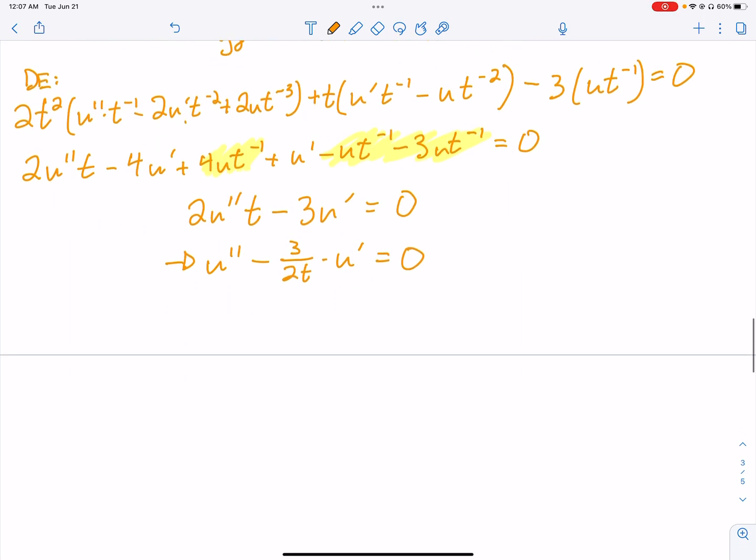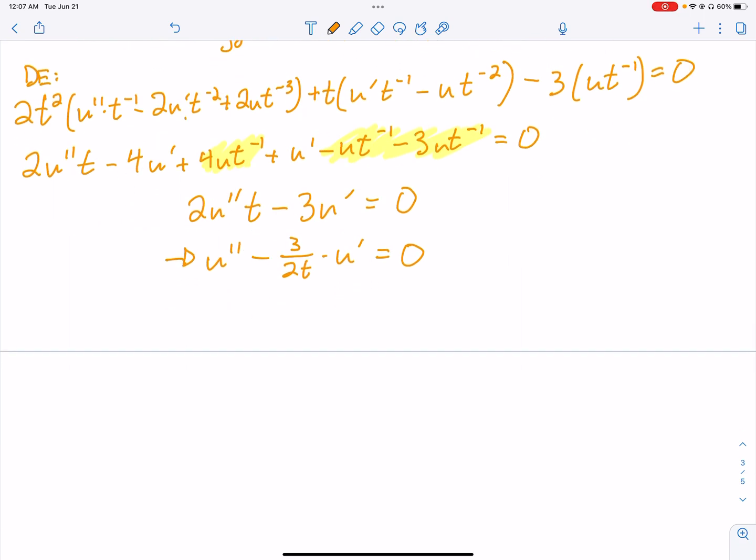All right, so now this is where the reduction of order, notice that it's hidden, and I'll make it more obvious in this next step. This is actually a first order linear homogeneous ODE with respect to u prime.